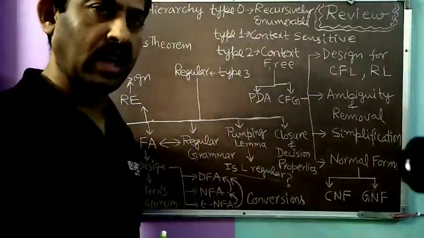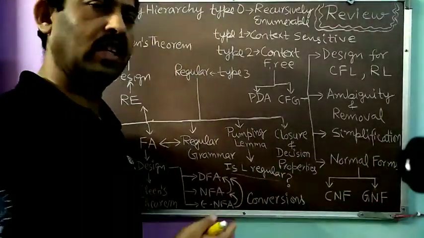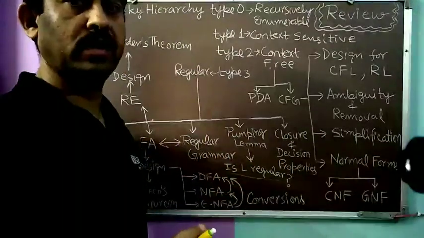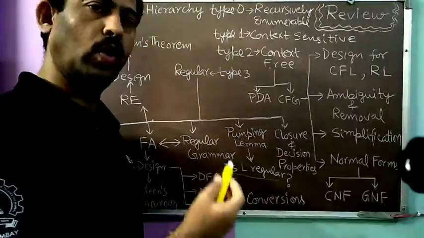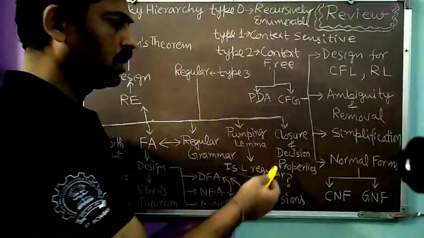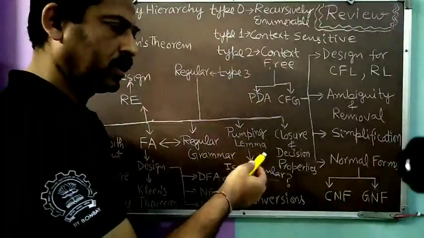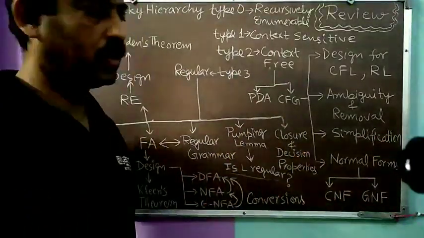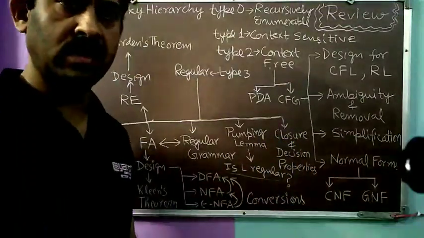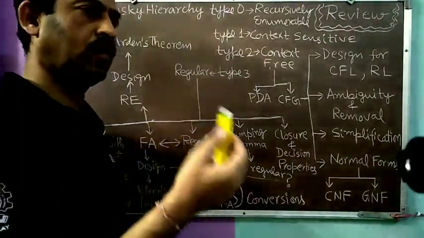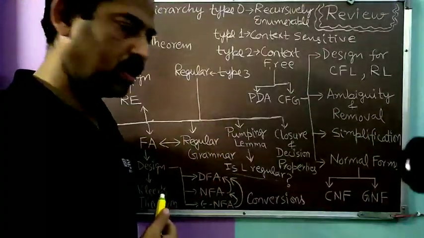If it is regular in each and every case, then we say that the set of regular languages is closed under the union operation. Similarly, there are five, six important operations which we have discussed, over which we have tested whether the set of regular languages is closed under those operations or not.